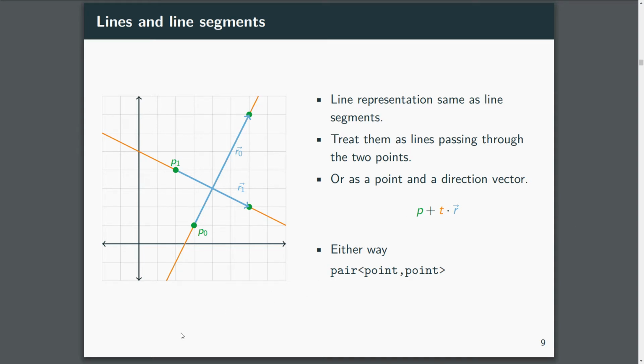And then you can always calculate T as needed. Yeah, you have P0, you calculate the other P here. Personally, with line segments, I think just using the 2 points is better. With lines, it can vary.